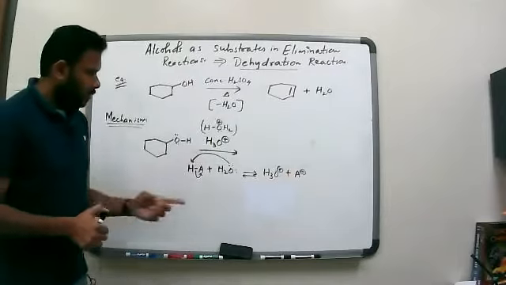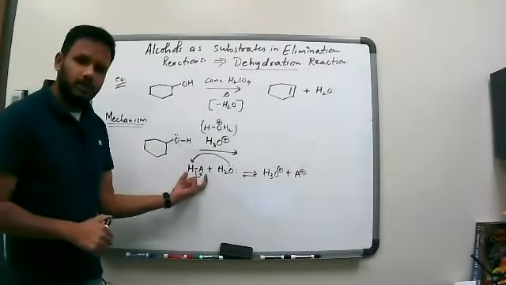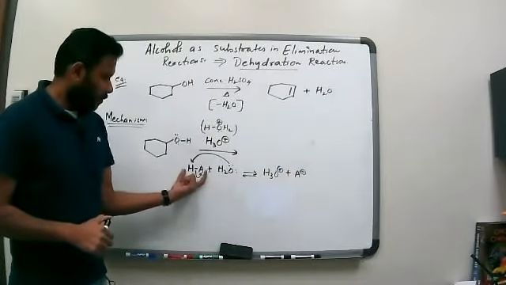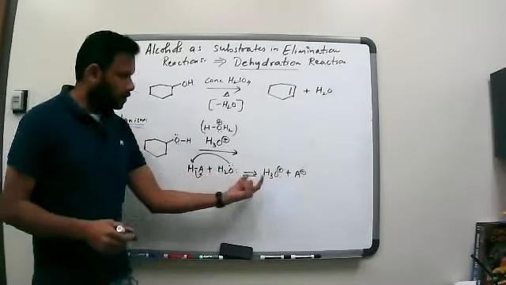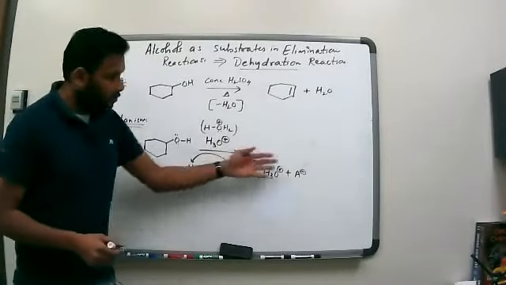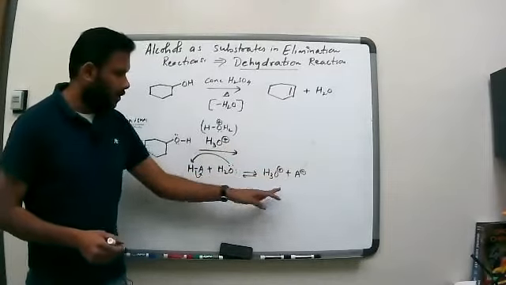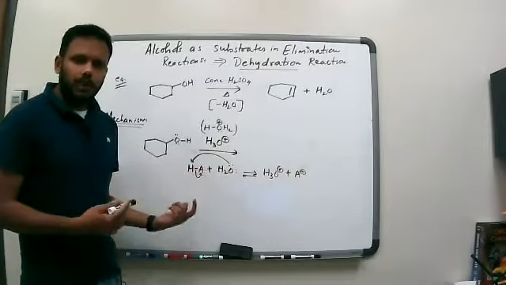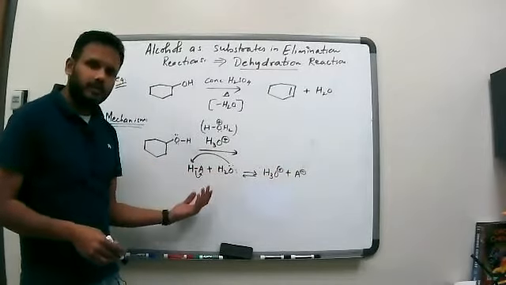Now the position of this equilibrium depends on the strength of the acid. If your acid is stronger than the hydronium ion, then the equilibrium would lie to the products. It would favor the products. But if HA is a weaker acid than water, then the position of the equilibrium will favor the reactants.